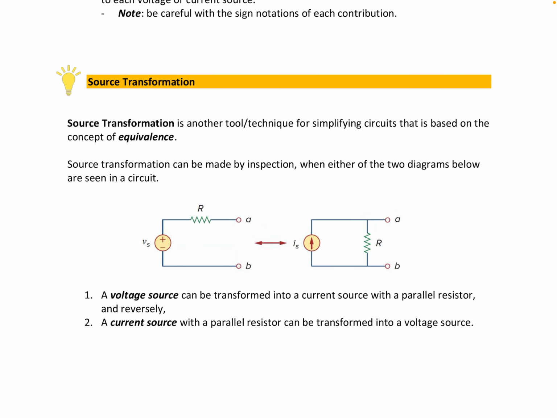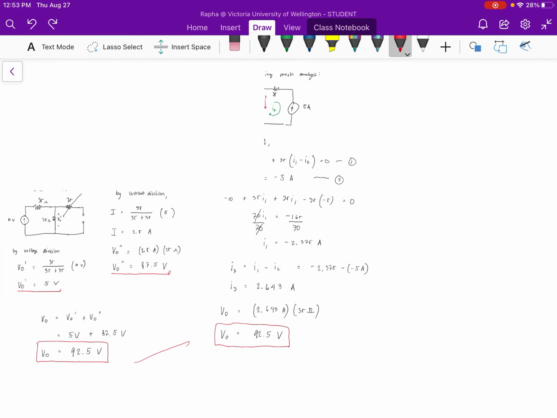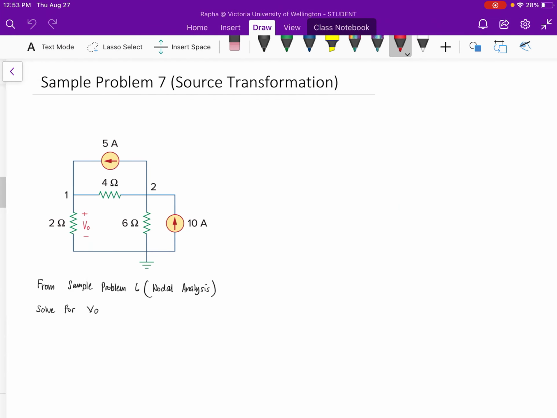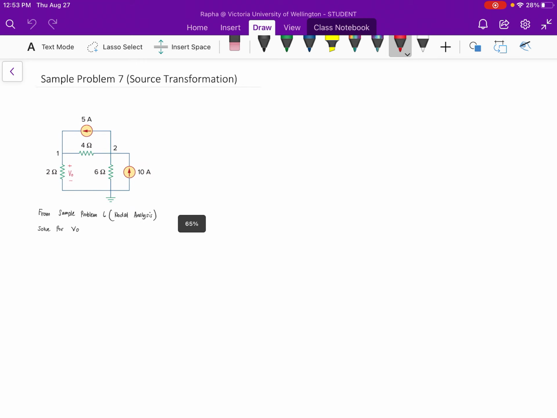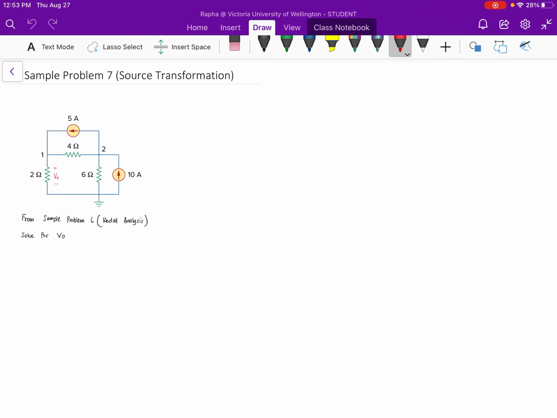To observe this, we have another example. This is the sample circuit that I gave you from sample problem 6 in nodal analysis.